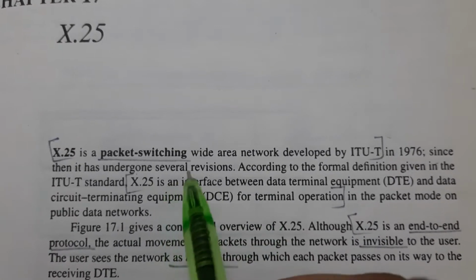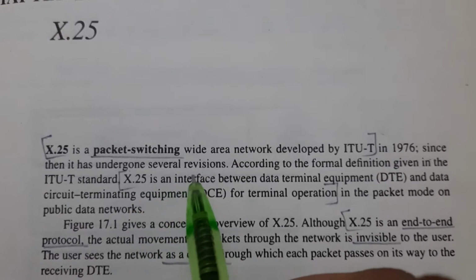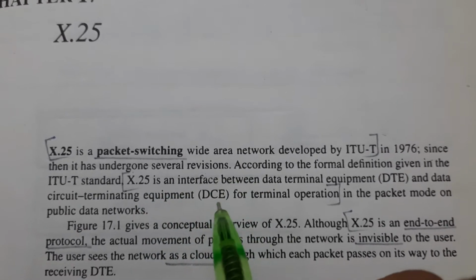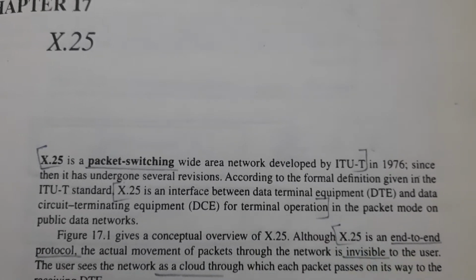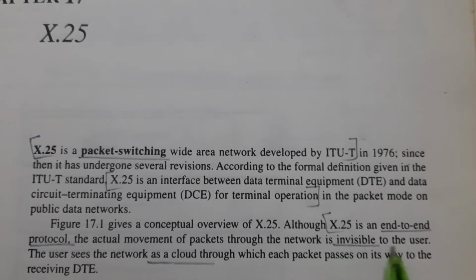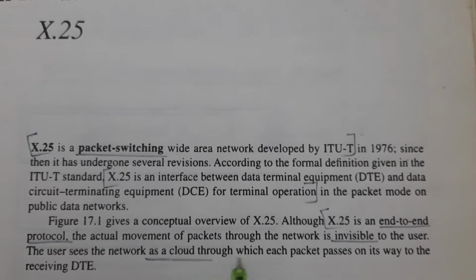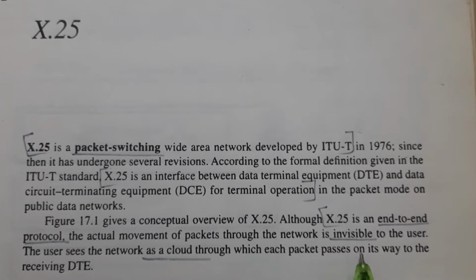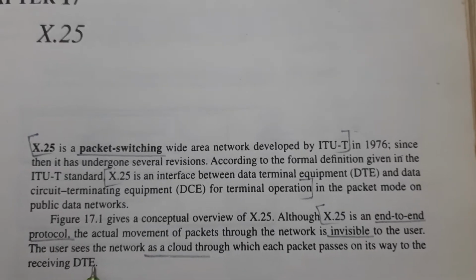So the main function of the X.25 protocol is to make an interface between DTE and DCE. And X.25 is an end-to-end protocol. The actual movement of packets through the network is invisible to the user. The user sees the network as a cloud through which each packet passes on its way to the receiving DTE.